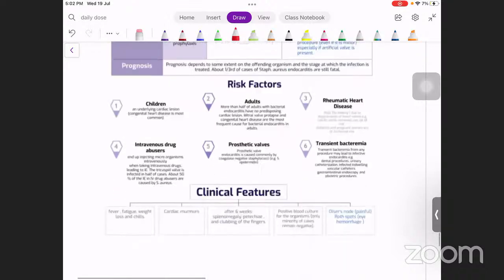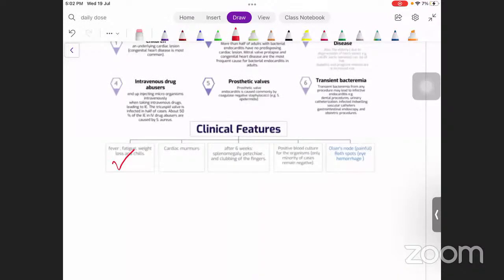Clinical features: fever, fatigue, weight loss, cardiac murmurs, splenomegaly, petechiae, and you may see Osler nodes, Roth spots, and on the fingers splinter hemorrhages. Splinter hemorrhages, Roth spots, and Osler nodes are the three things you have to remember in terms of infective endocarditis, people.